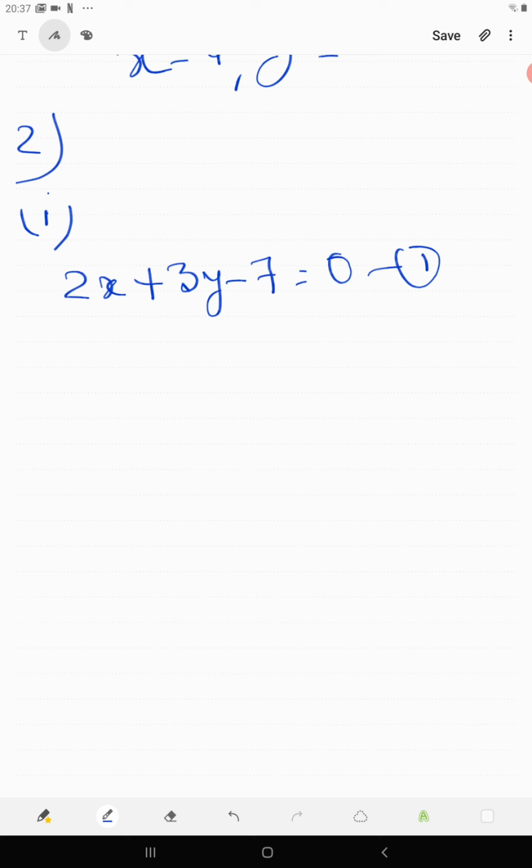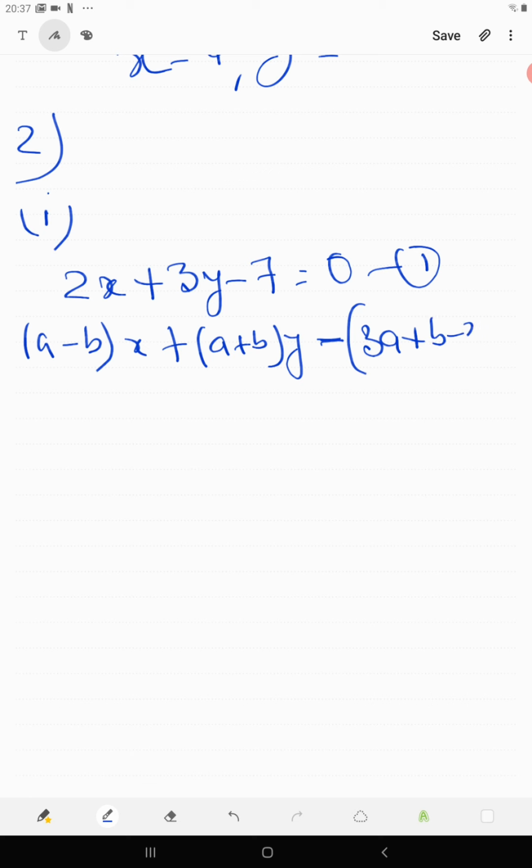Similarly, the second equation will be (a minus b) into x plus (a plus b) into y equals 3a plus b minus 2. I will bring this to the left, so it will become minus, bracket I am writing because the whole thing will become minus, (3a plus b minus 2), equal to 0.